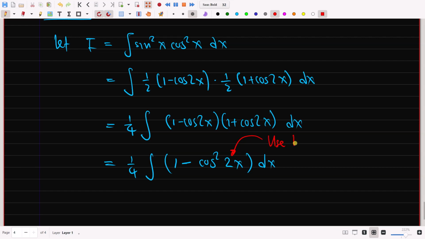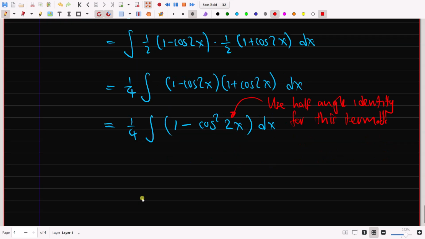So we have 1 quarter, then integral of 1 minus, so this becomes half of bracket 1 plus cos 4x, then dx. Then if you look at these guys, this guy and that guy, these are like terms.